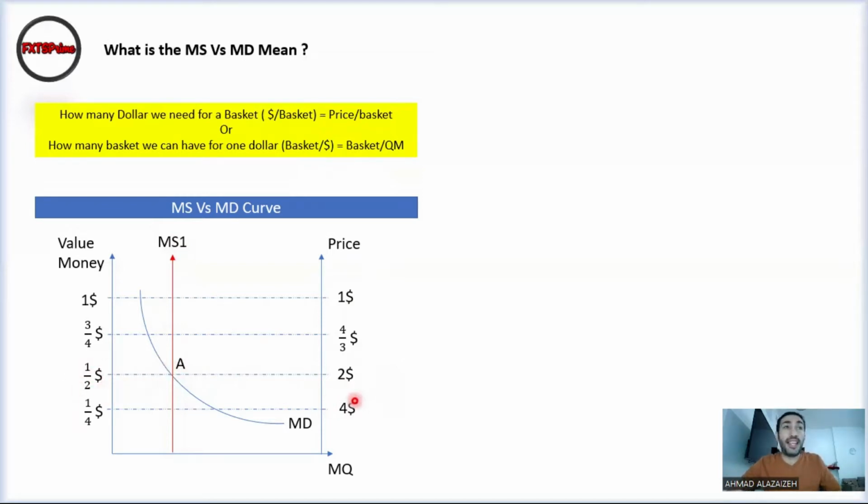So let's say the central bank wants to supply more money to the market. What is going to happen now?